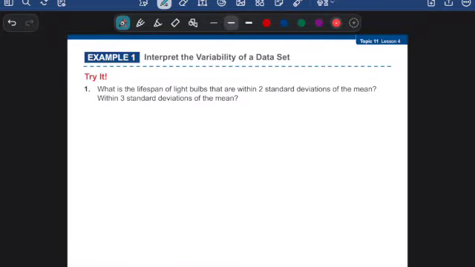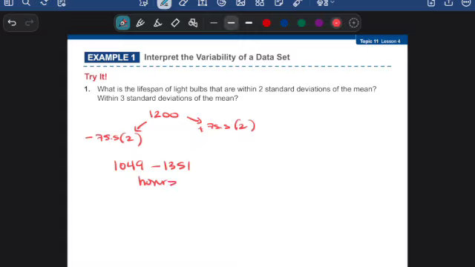What is the lifespan of light bulbs that are within 2 standard deviations and 3 standard deviations? So again, I'm taking my mean, 1200, and now instead of adding just 75.5 once, I'm going to add it twice. And then instead of just subtracting 75.5 once, I'm going to subtract it twice. And so for 2 standard deviations, we're going to get between 1,049 and 1,351 hours.